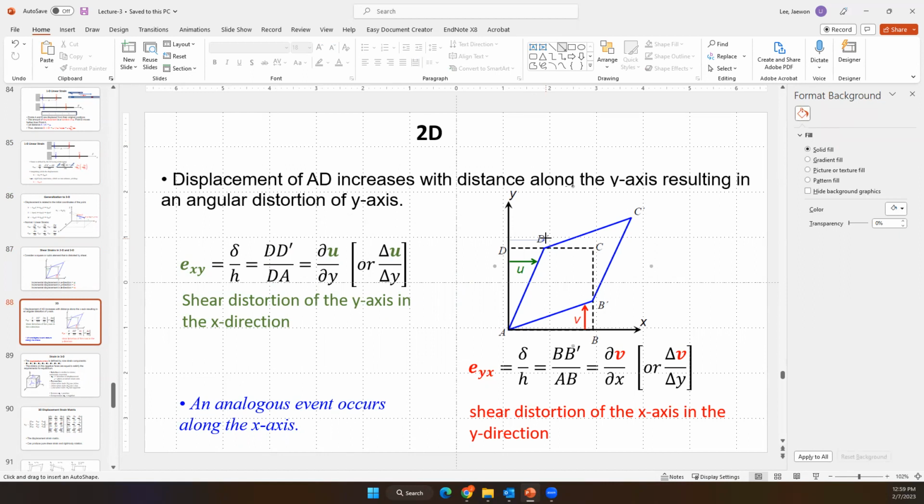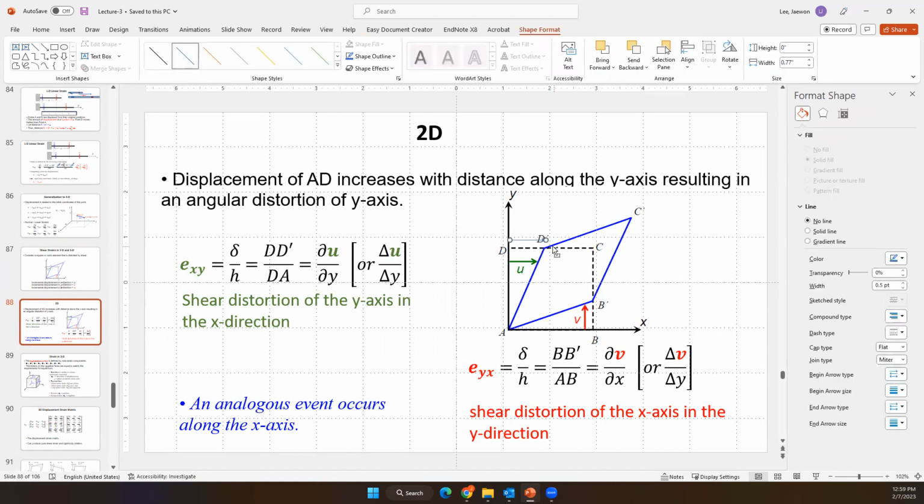Since we apply the force in the y direction, it is this direction, I think. Yeah, this direction. No? Anyway, I think this direction.